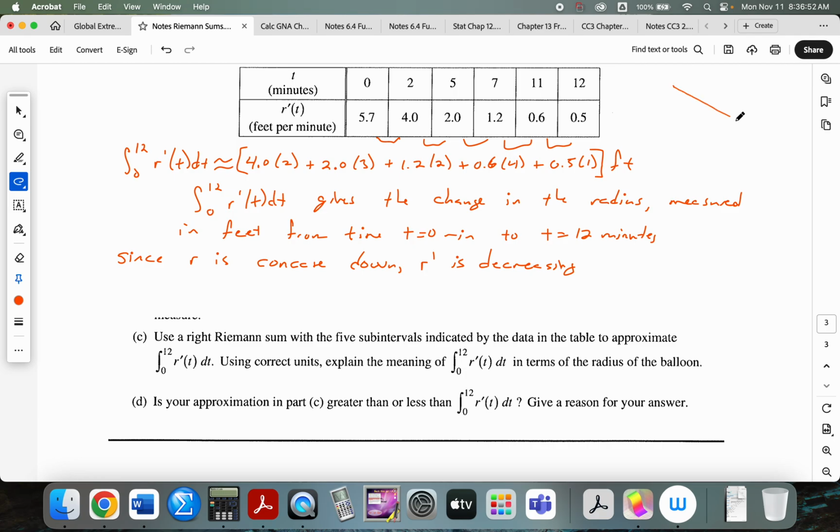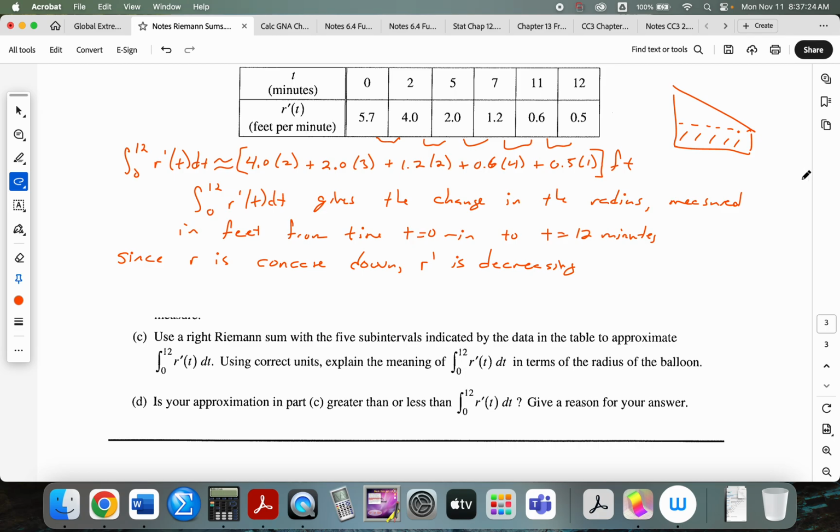And if we have a decreasing function and we apply a right Riemann sum, are we going to overestimate or underestimate? Look at the picture.